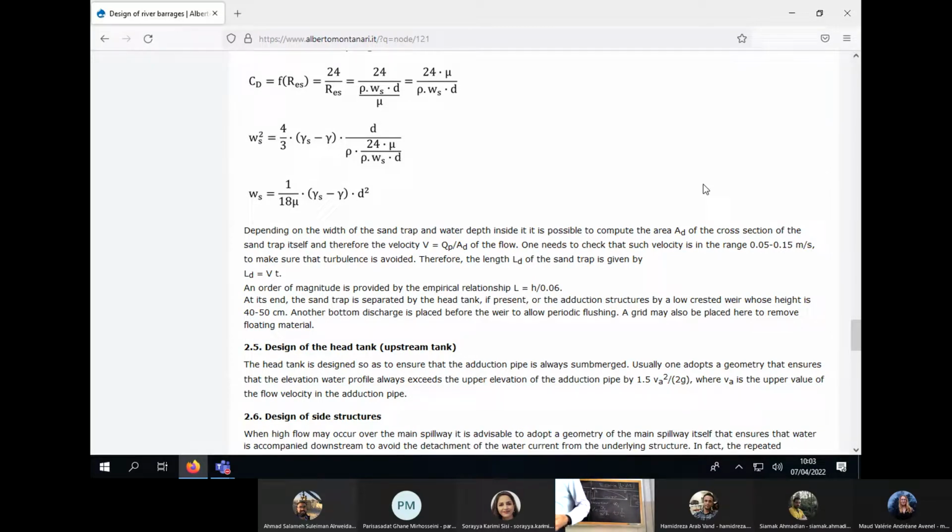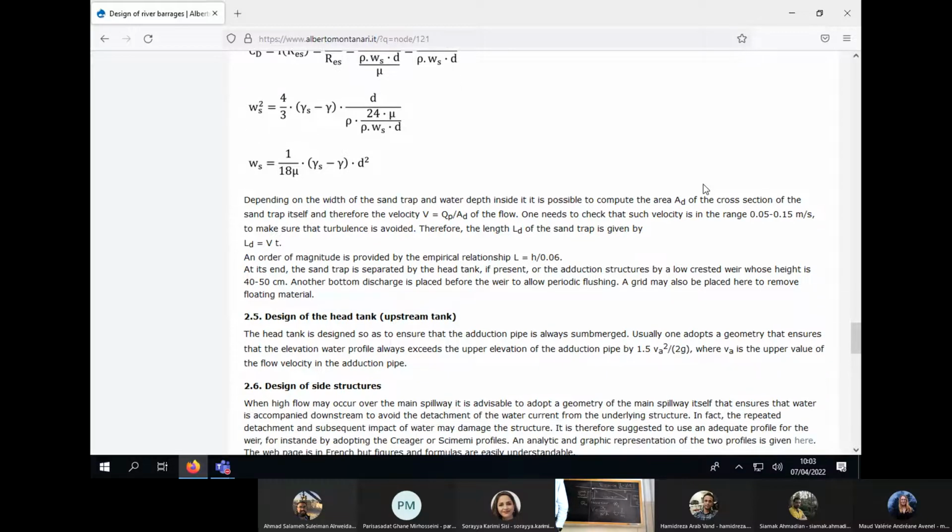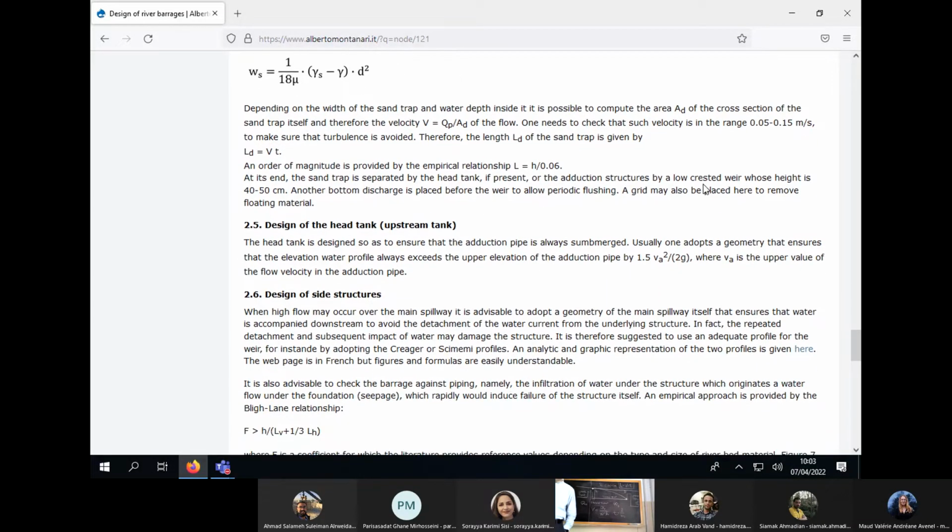Okay, let's move forward with the design of the head tank or upstream tank. So how is it designed? Here, the only requirement is to make sure, let me make another sketch of the blackboard, because I already made a sketch here, but it's too small.